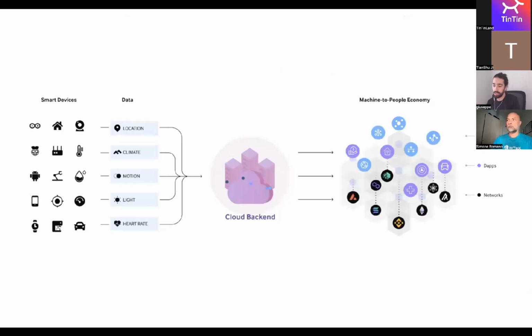I brushed upon this on Tuesday as well. When we were talking about this on Tuesday, if you think about it, when you have DeFi applications, for example, everything is on chain.